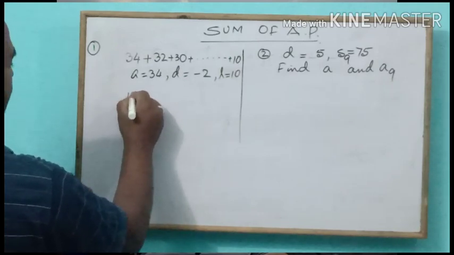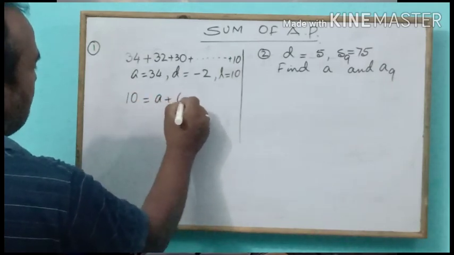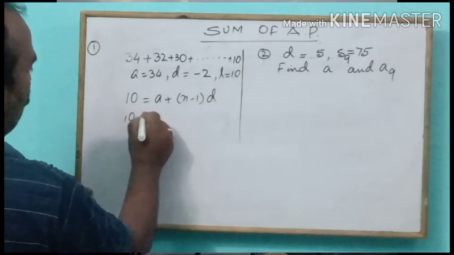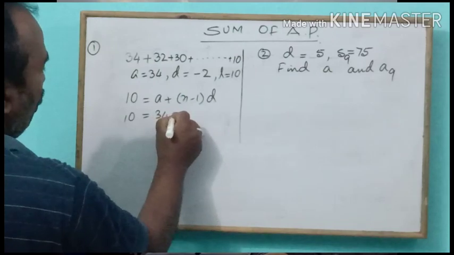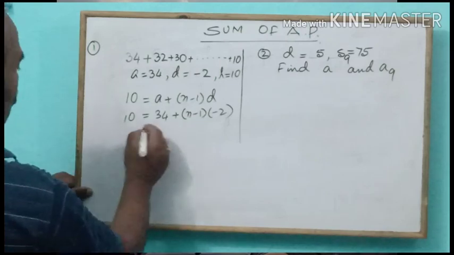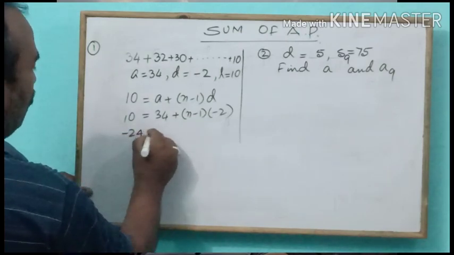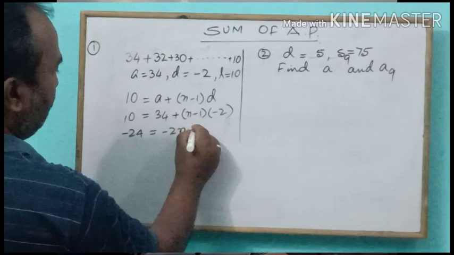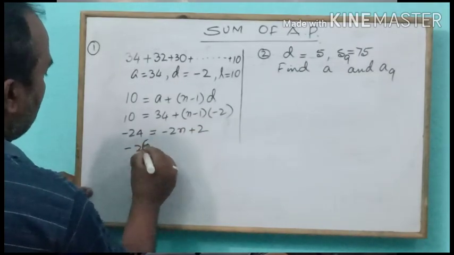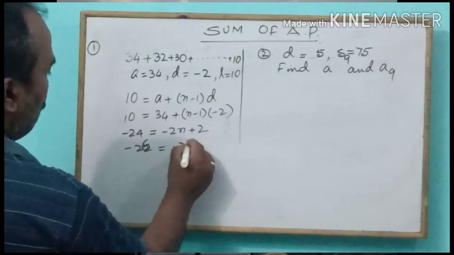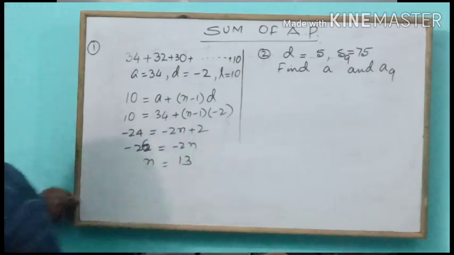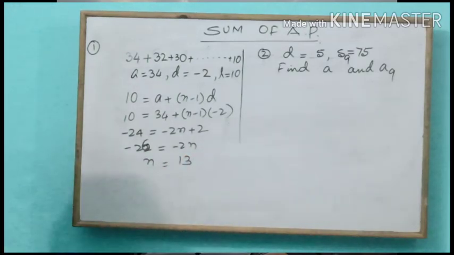So 10 is equal to a plus (n minus 1) into d, so 10 equals 34 plus (n minus 1) into minus 2, because d is minus 2. So minus 24 equals minus 2n plus 2, or minus 26 equals minus 2n, or n is 13. So the number of terms is 13.